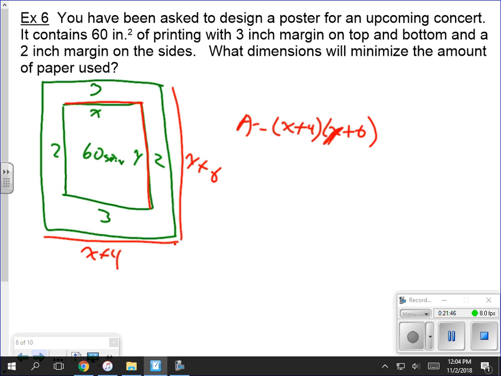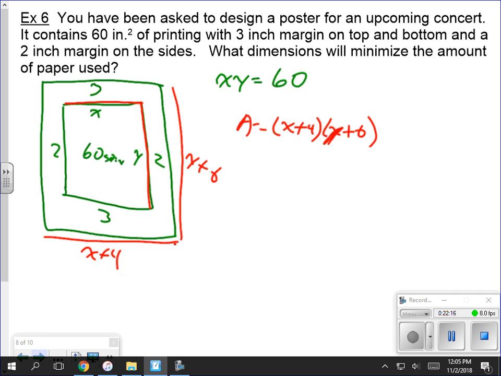So I need to somehow use the other information to come up with a single variable. My other information was that the printed section in the middle is 60 square inches, which means that x times y is 60. Solve for x, solve for y, it doesn't really matter in the long run.